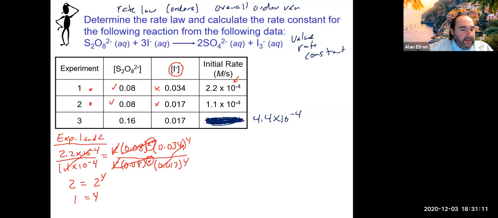We now can basically do the same thing. We just want to keep our other reactant constant and vary our first reactant here. To do that, it looks like perhaps 2 and 3 will accomplish that. That will keep our I minus constant while our S2O8 2 minus varies.